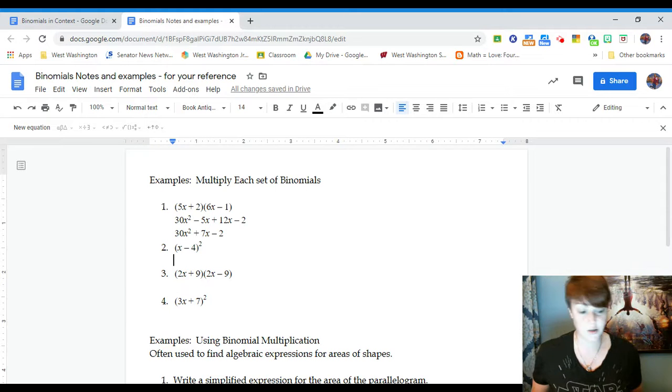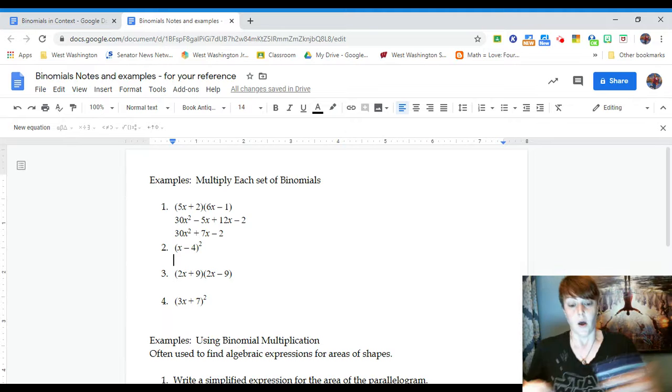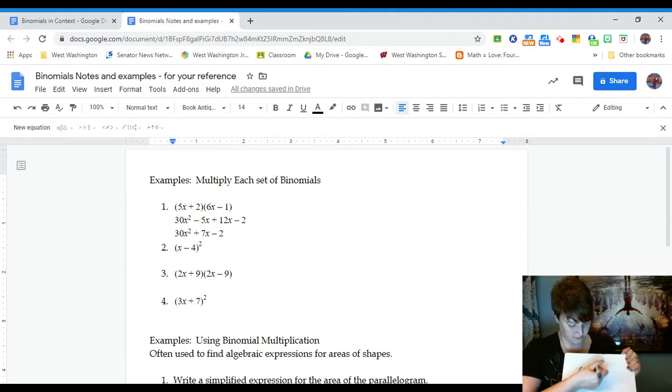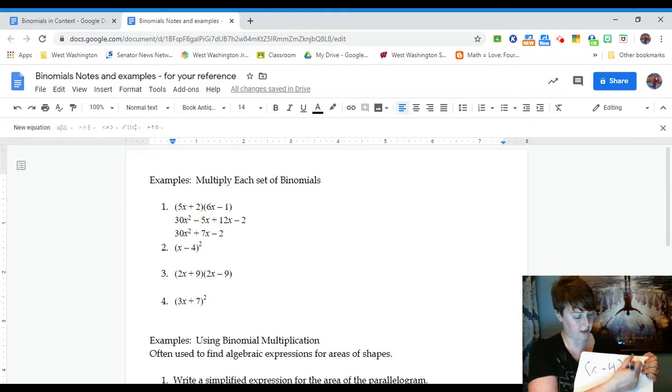What this actually means is not x squared minus 4 squared. This is absolutely wrong. This is absolutely wrong. What this means is x minus 4 times itself.